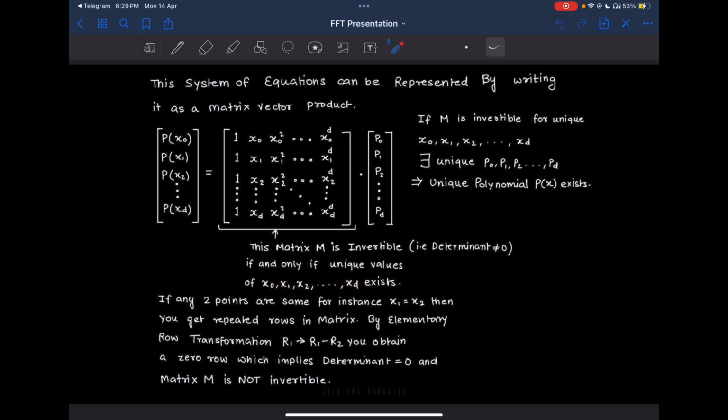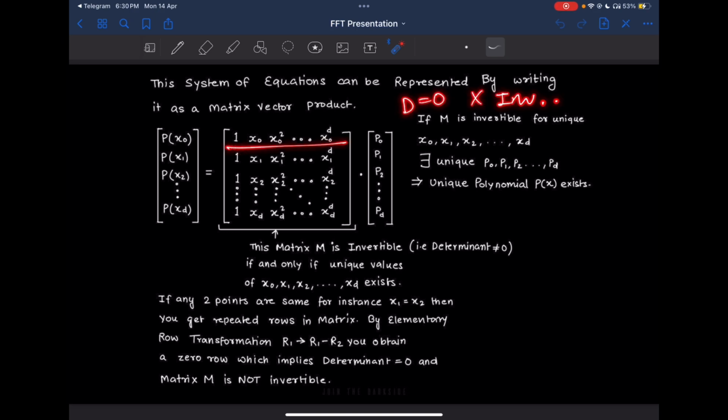If any two points are the same, then any two rows would have exactly the same values, which means that by elementary row transformation, I can reduce this matrix to having a zero row. And if this matrix has a zero row, that simply means its determinant is zero. And if the determinant of any matrix is zero, then it is not invertible.